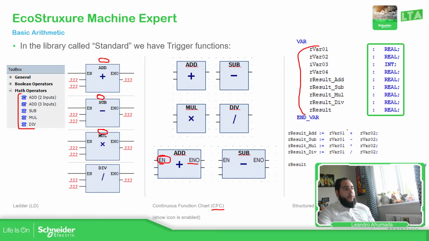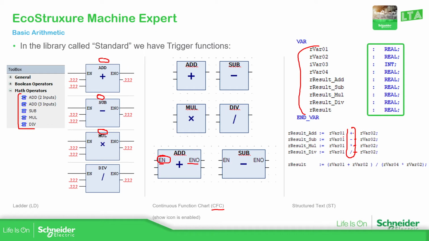You also have the possibility to use the operators: add, subtract, multiply, and divide. The advantage of structured text is that it gives you the possibility to easily read and type all the formulas that you have.